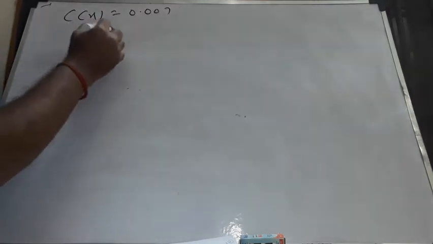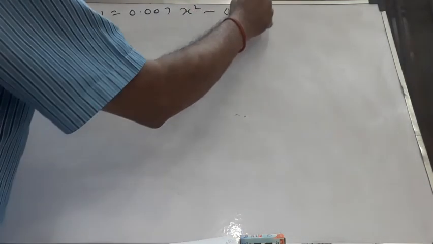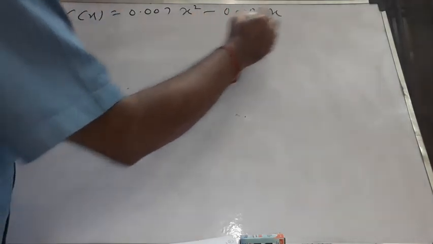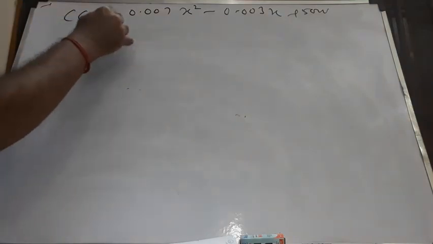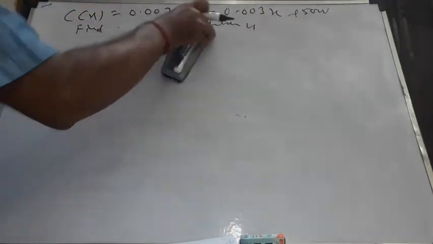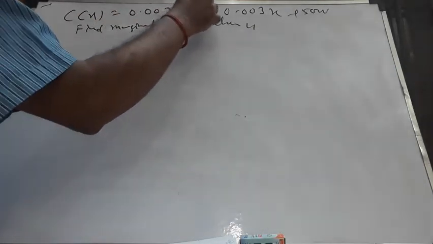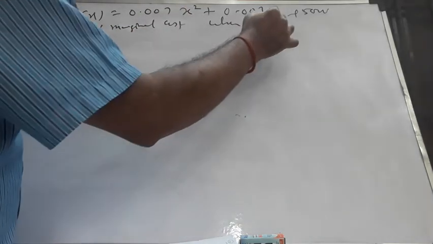Next, just listen. The cost function C of x is given by 0.007 x square plus 0.003x plus 5000, let us say. Find the marginal cost when x is equal to 10.